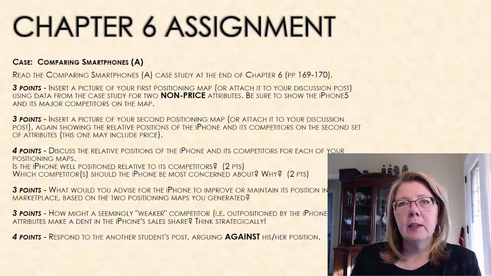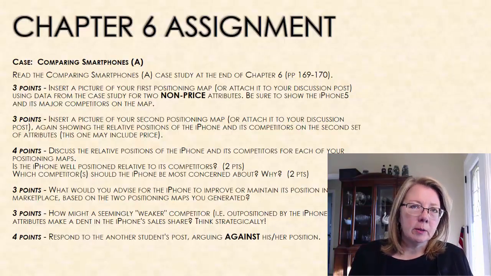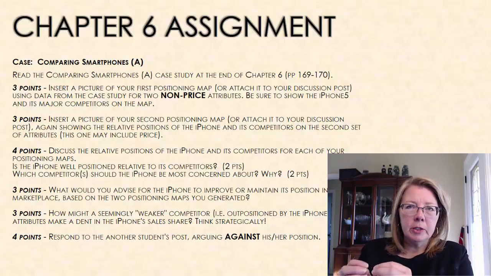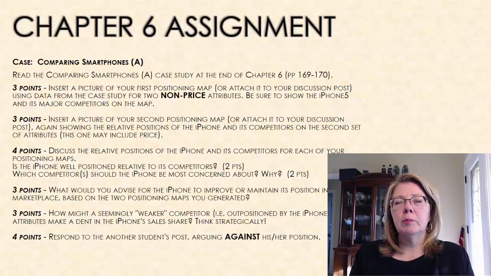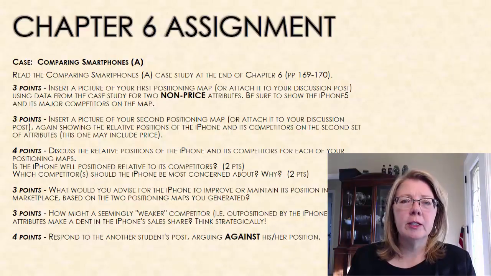Please try to use scaling on your maps that is going to give you some spread among the competitors. In other words, if they're all bunched up in one area, you're not going to see that there's an advantage for one particular product versus another. So try to spread your scaling out a little bit to really show the differences between the competitors.